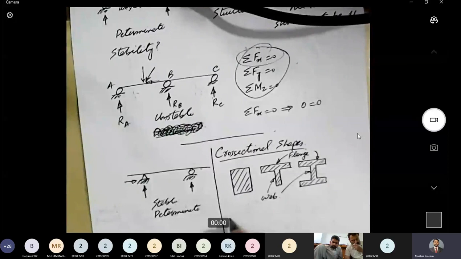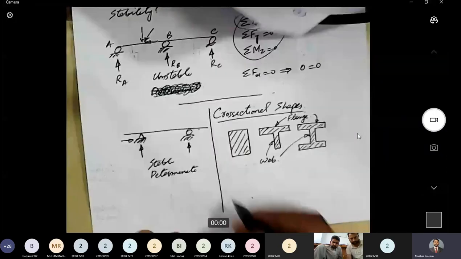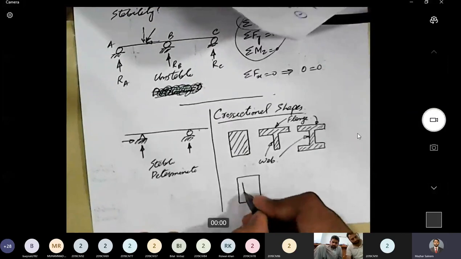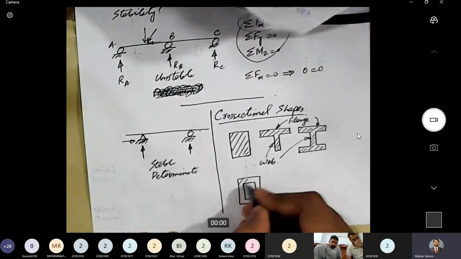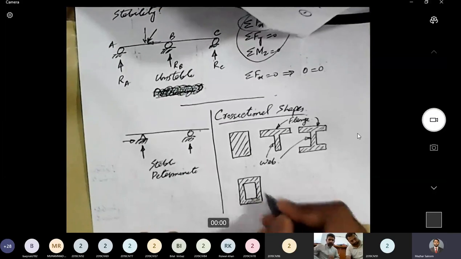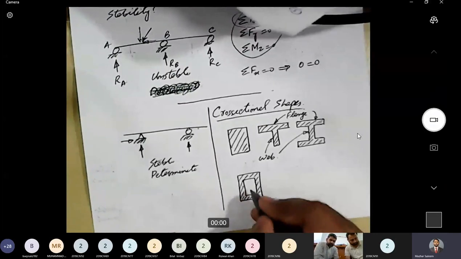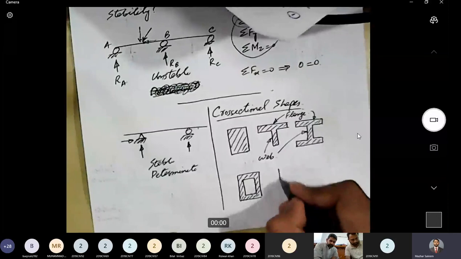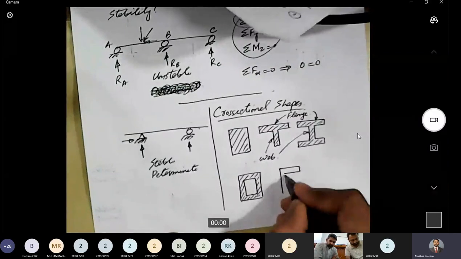Sometimes we provide a box shape as well, a hollow box. The hashed portion is solid. This part is hollow. And in steel, sometimes we provide a channel section or C section.